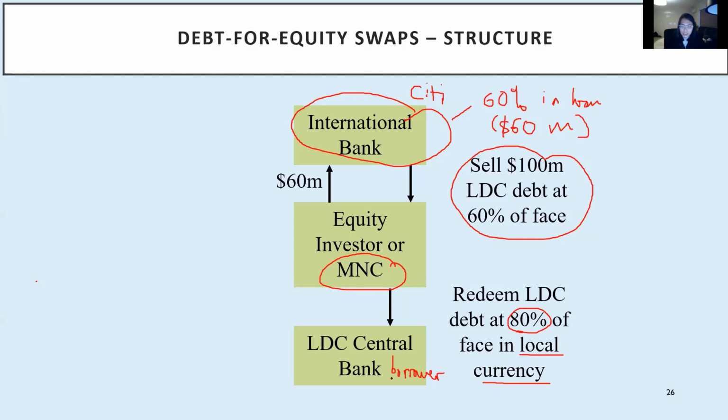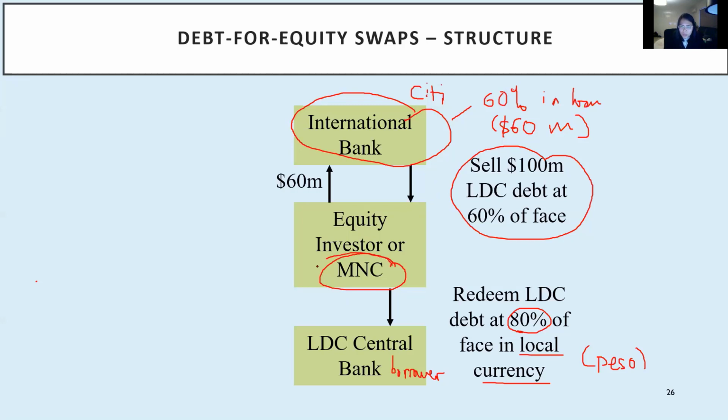So in the case of Mexico, for example, it's going to redeem the debt at 80% of the face value, but in the Mexican peso, right? So this gives the debtor countries a protection against further depreciation of their currency, right?